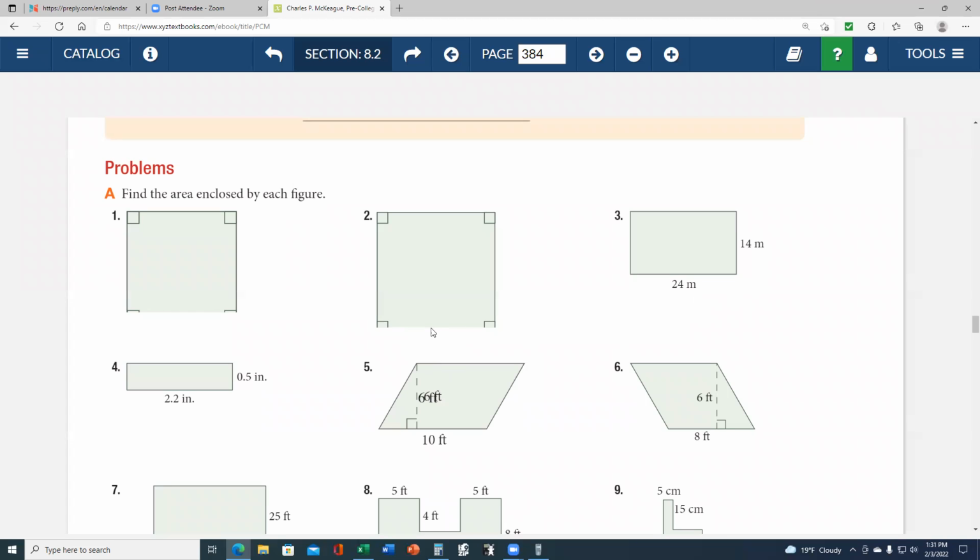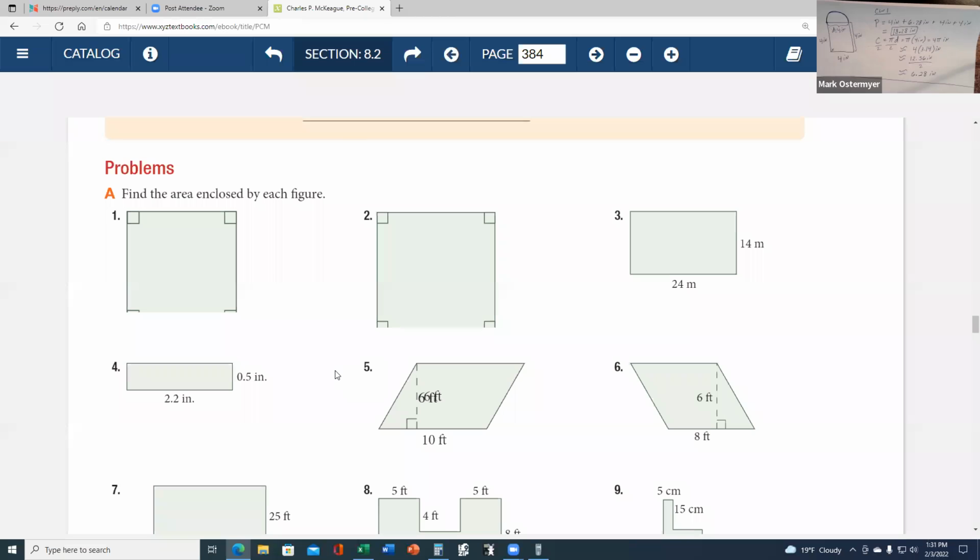It's messed up in the book too. Like if you look at number 1 here, we can't see the dimensions of the square. We don't know what the length of the side is. They don't give you that anywhere. All right, well, we just can't do that problem. That's all there is to it.